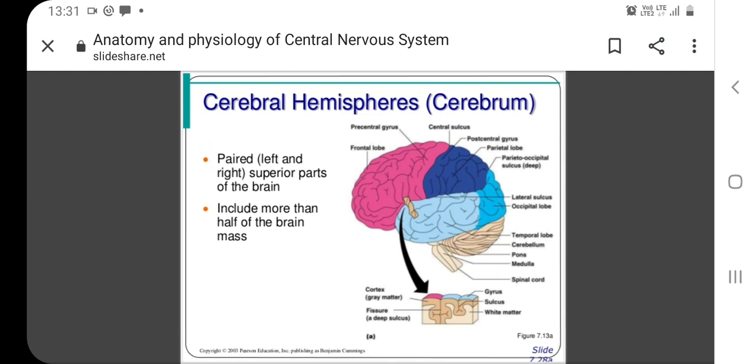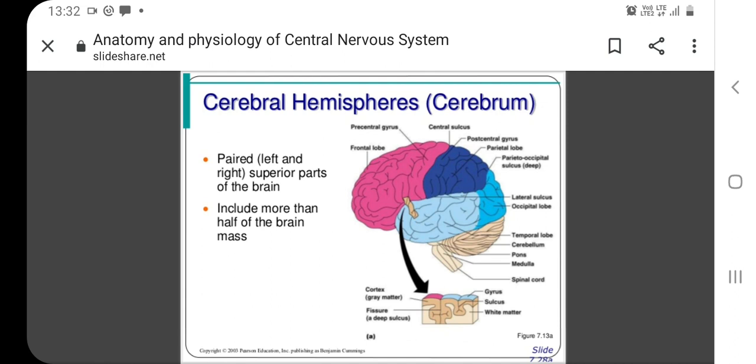If the corpus callosum is cut, then this causes a condition known as the split brain, which gives insight into a unique function of the two hemispheres. Like I have told you, the right hemisphere is the artistic hemisphere and the left hemisphere is the intellect hemisphere, and the function of each part is coordinated by the corpus callosum.